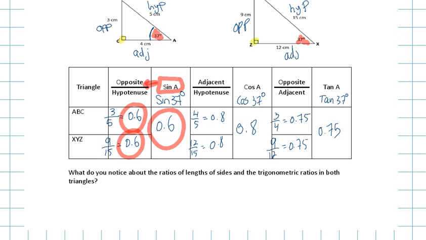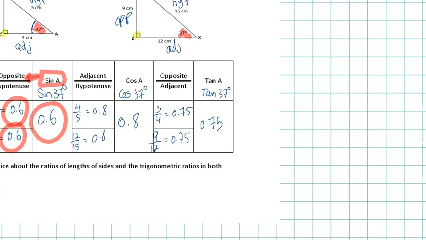How about tan? Opposite over adjacent. So this is where they came up with the acronym SOHCAHTOA. S represents which function? Sine.